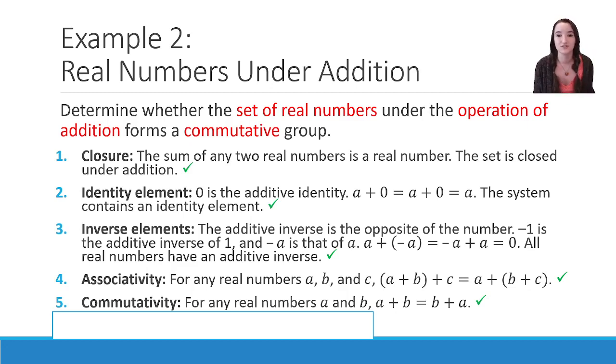Again, mathematicians don't like to just assume things, we like to prove them, but for our purposes within this class, you can just assume it. So we have associativity and commutativity, which means we have checked off all 5 boxes. All 5 axioms work out, and so this is not just a group, but a commutative group.